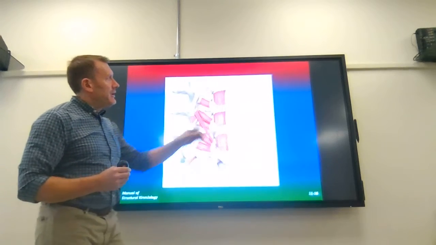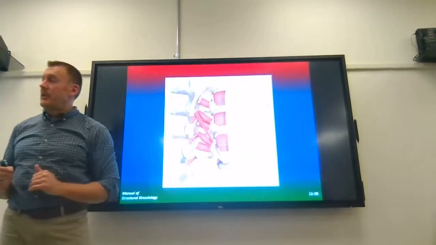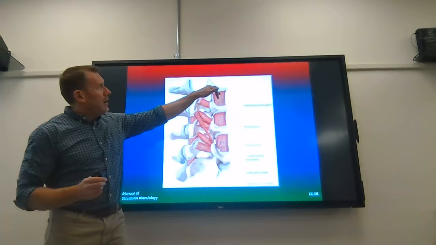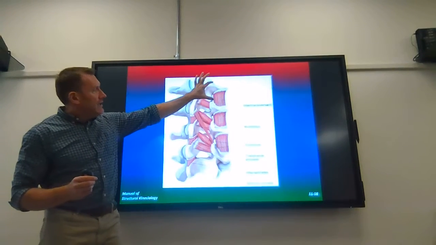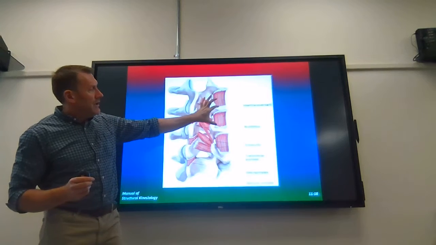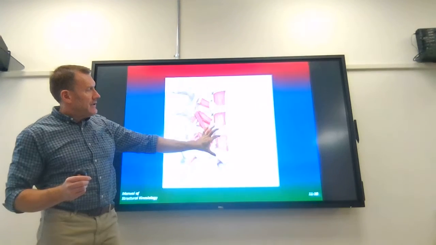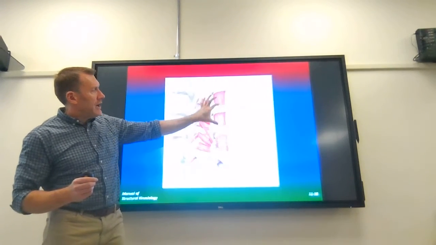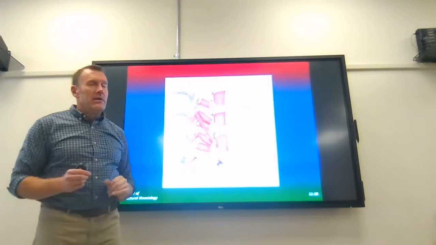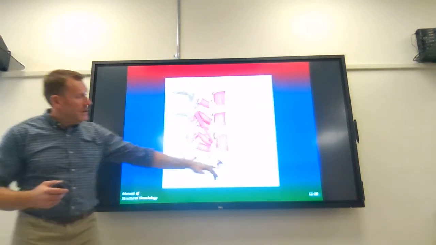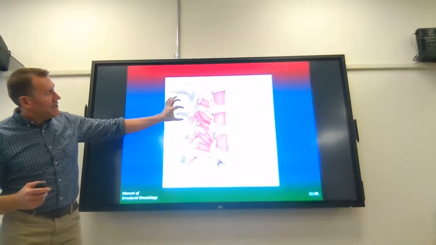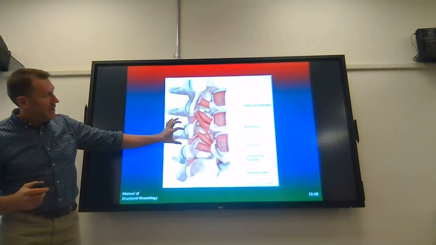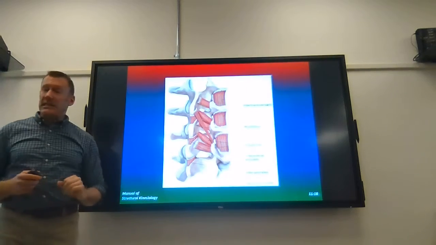So for example, the intertransversarii runs all the way from the top of the spine down to the bottom, and you have these sections that run between adjacent transverse processes. Same thing for the interspinalis here. So the interspinalis, you have sections that run between adjacent spinous processes.